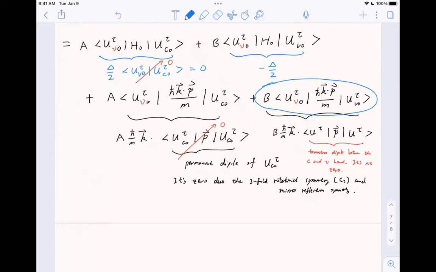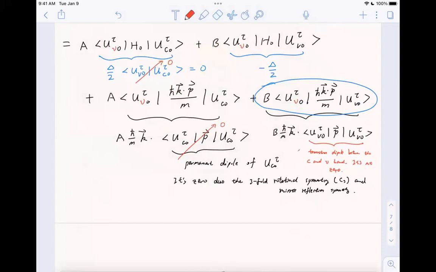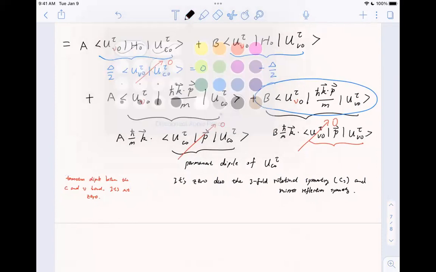This will be the dipole moment V0. So the valence band has no dipole moment. So this one will be 0. Move this out. Okay. So this one will be 0.